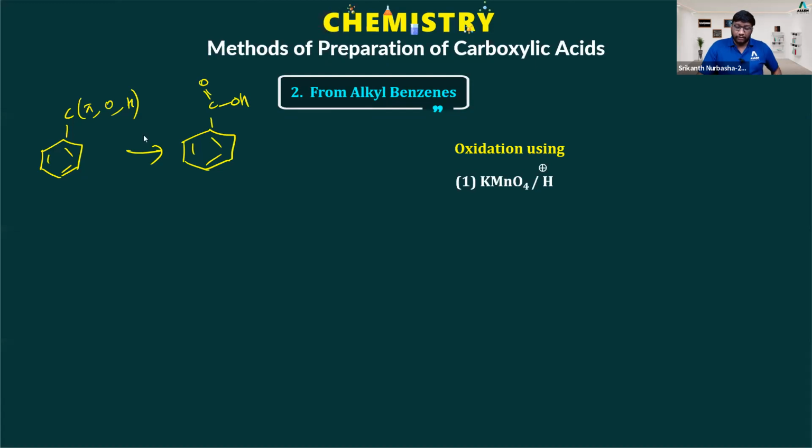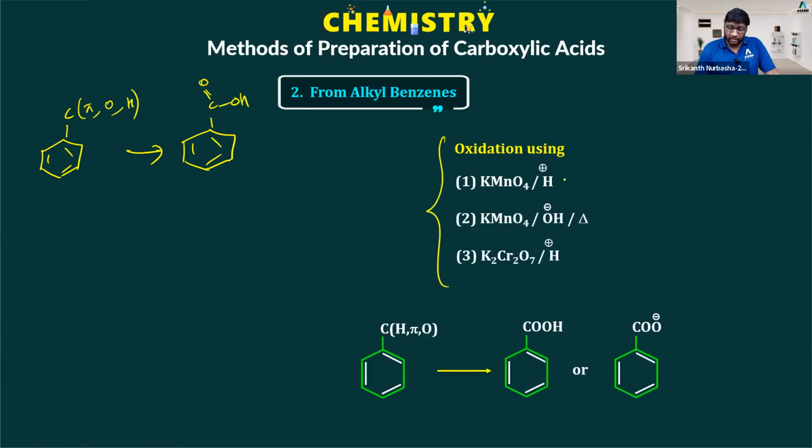The carbon which is directly connected to the phenyl group, upon treatment with strong oxidizing agents like KMnO4/H plus, K2Cr2O7/H plus, KMnO4/OH minus upon heating, will be converted to the respective carboxylic acid or carboxylates.